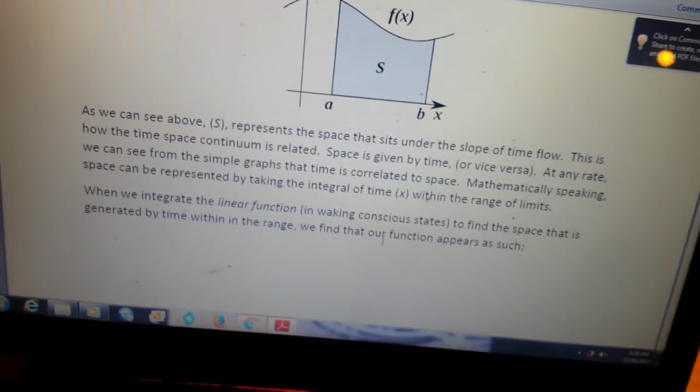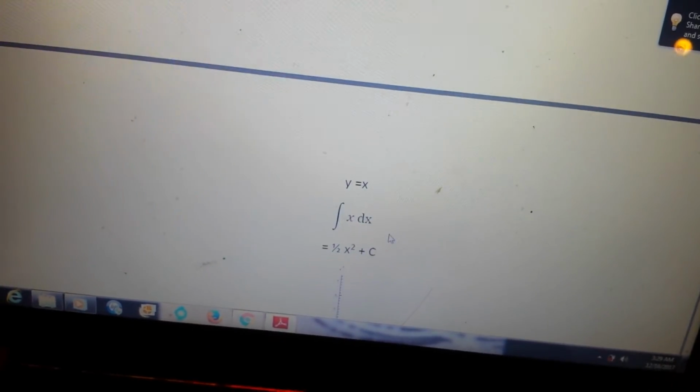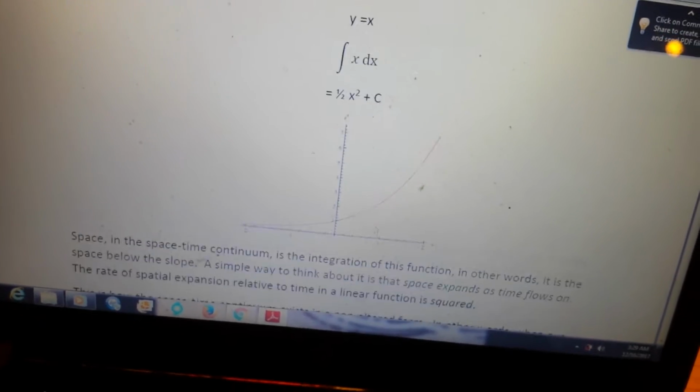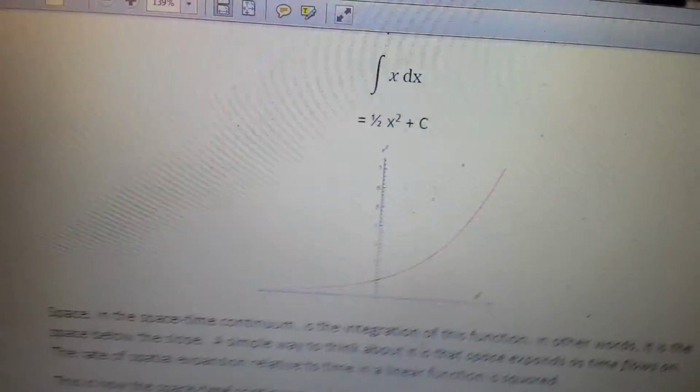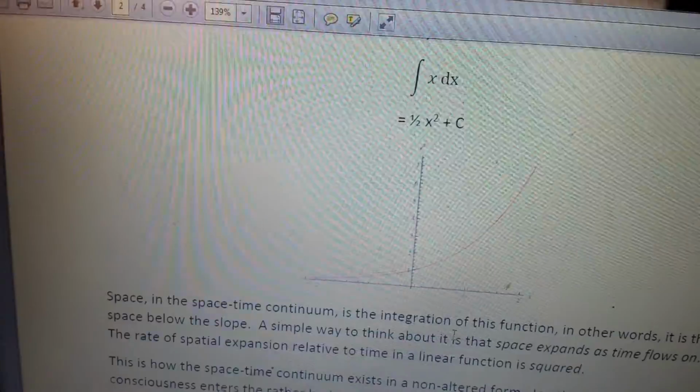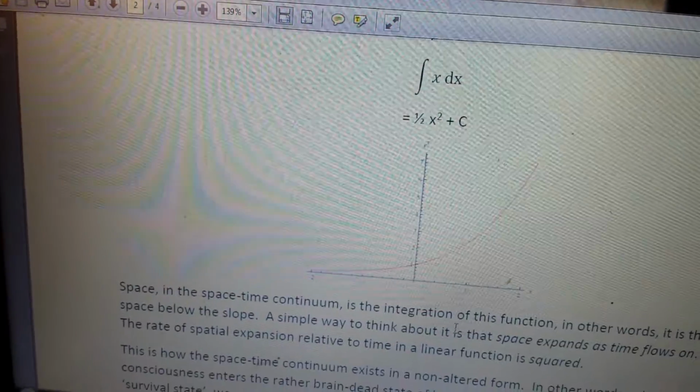So I did a little mathematical manipulation to integrate the linear equation. So here's what you get. This is the integral of y equals mx plus b.